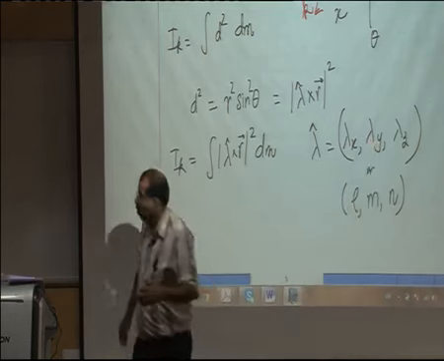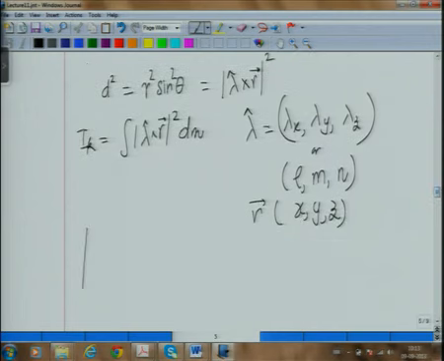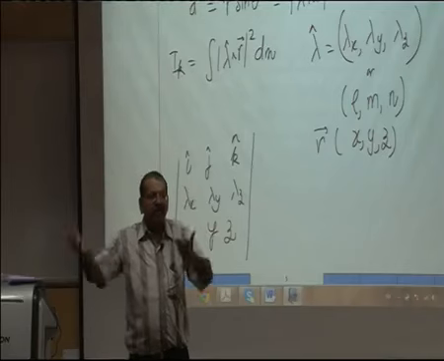What is the vector r? Vector r is nothing but x, y, z. So, all I have to do is find the cross product of (lambda x, lambda y, lambda z) with (x, y, z) using i, j, k, and take a dot product of this vector with itself, because I have to find the magnitude squared.